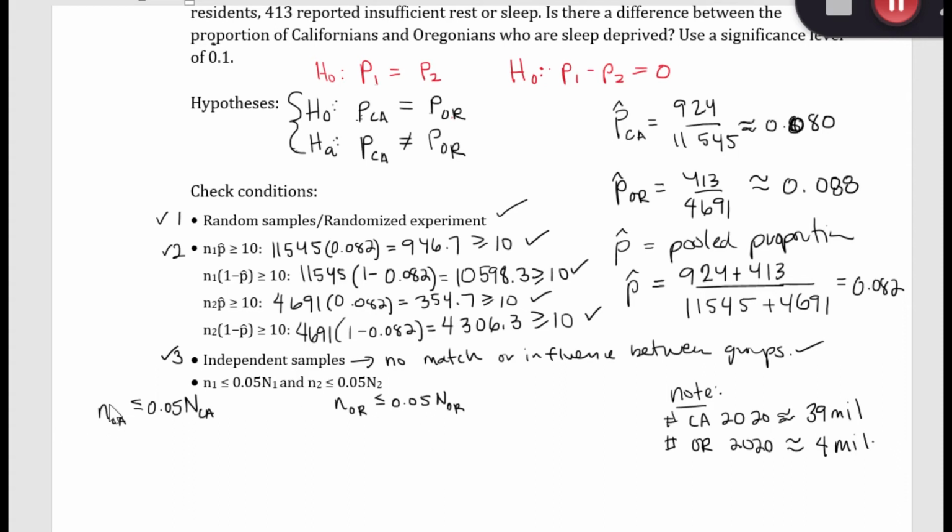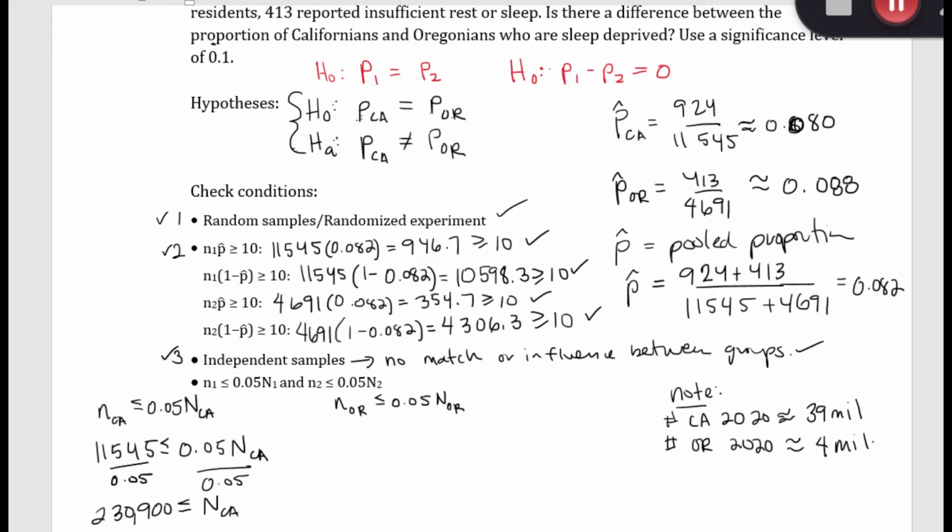My sample size of Californians was 11,545, and I wanted to know if that was less than or equal to 5% of my population of Californians. Divide by 0.05 on both sides, and I get that 230,900 is less than or equal to the population size of California.